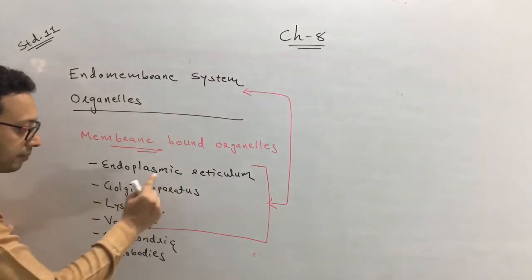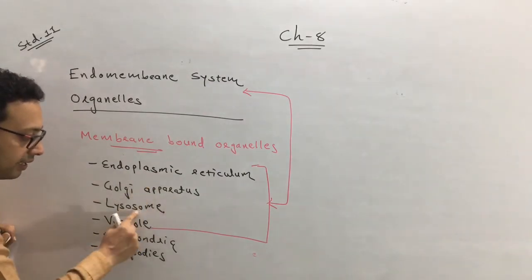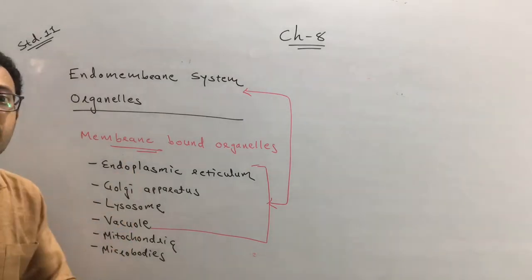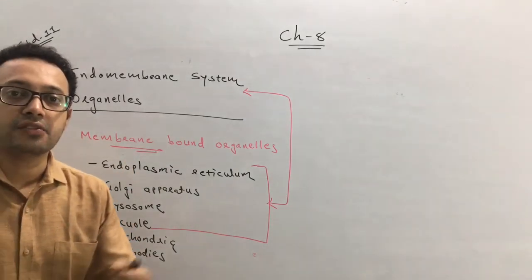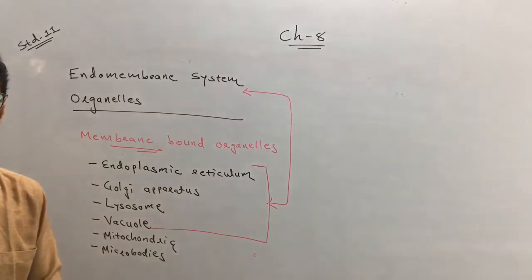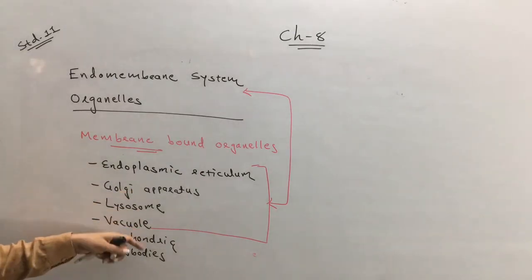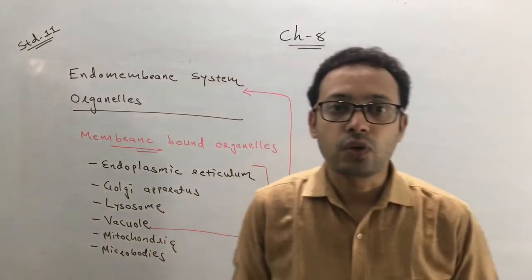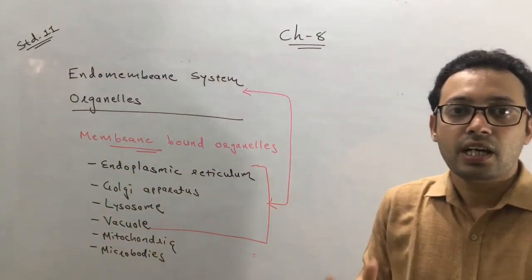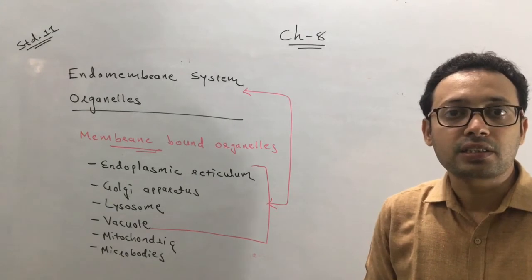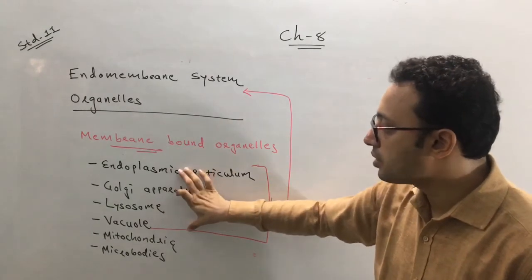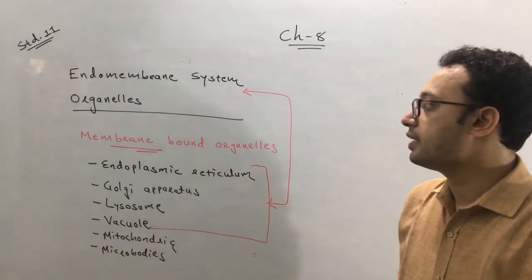Endoplasmic reticulum, Golgi apparatus, lysosome and the vacuole. These four, whose functions are coordinated with each other, are considered endomembrane system organelles. So endomembrane system organelles are the membrane bound organelles whose functions are coordinated.